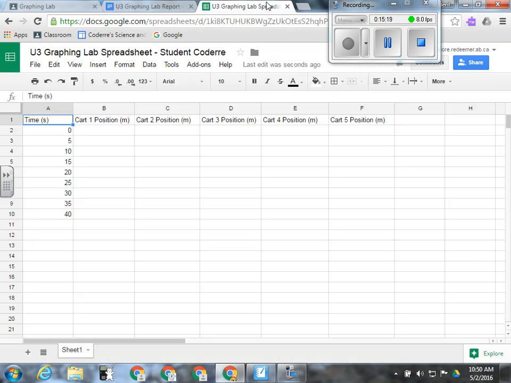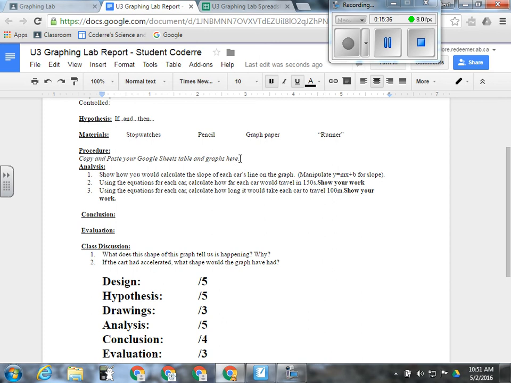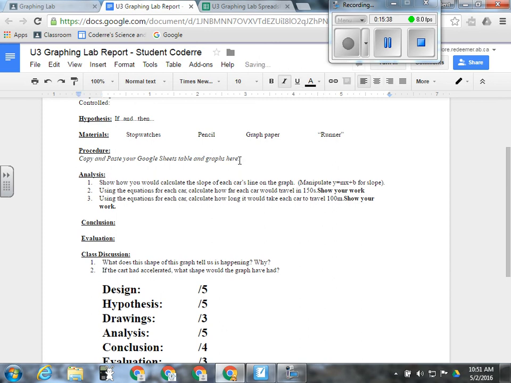That means both of these. So to copy and paste the table, once you get the table all filled in, before you go to graph it, highlight all of it. Obviously, you don't need cart 5 because we only did 4 carts. And then just Control C, copy that, and put it over into your lab report right here. Control V, and it'll move it in.